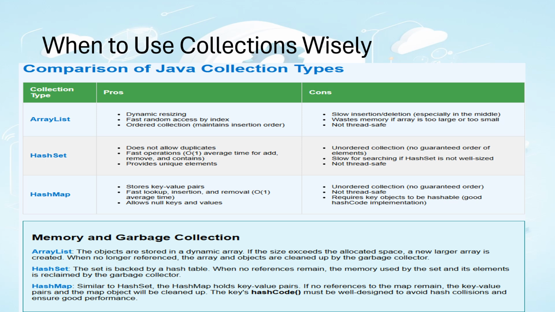Avoid putting large resources in them unless necessary and be sure to clear the collection when it is no longer required. In the slide, I am presenting the pros and cons of different collections like list, set and map and how the garbage collection works in them.